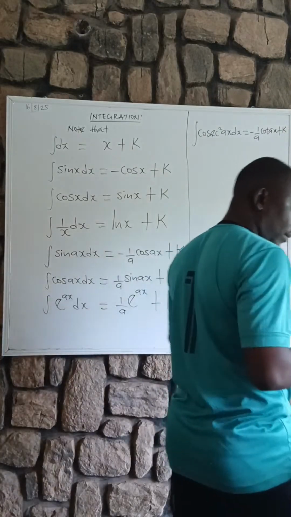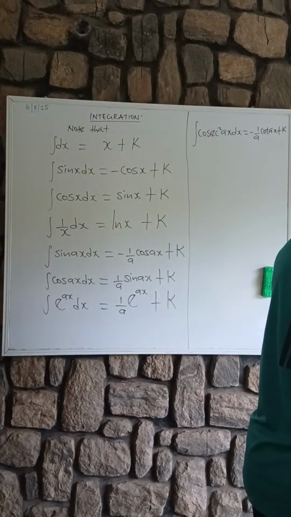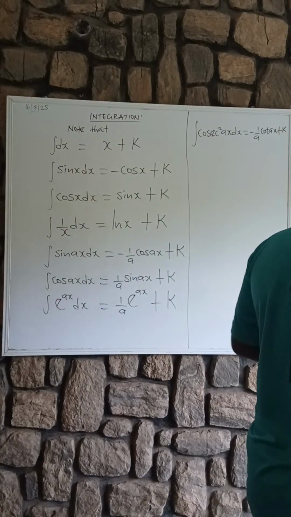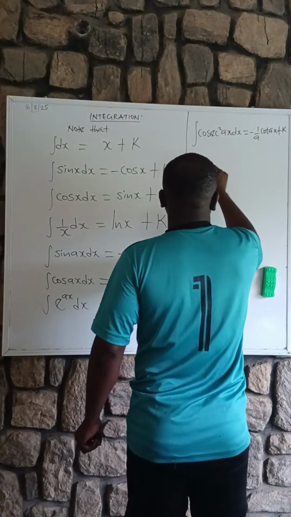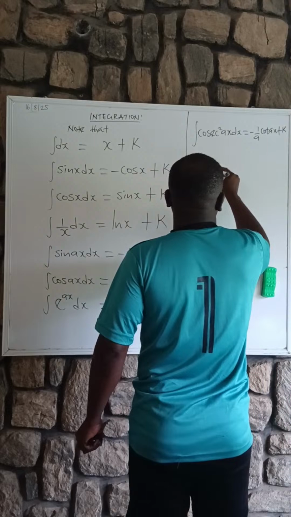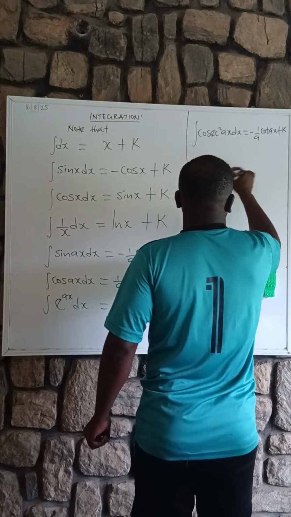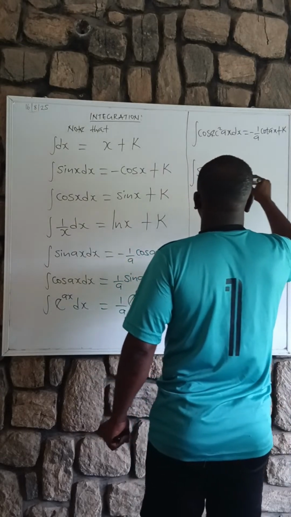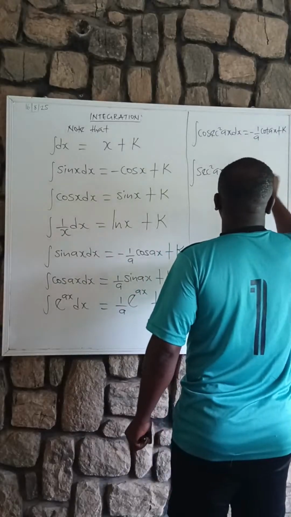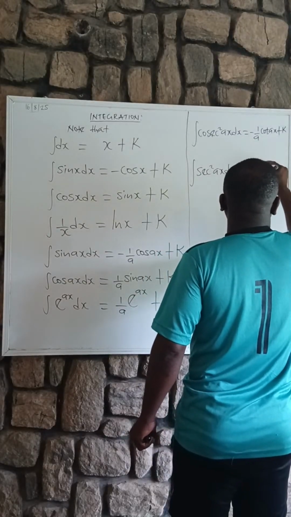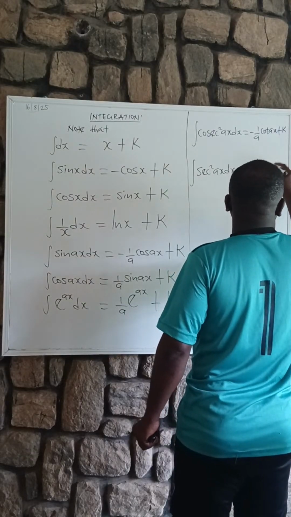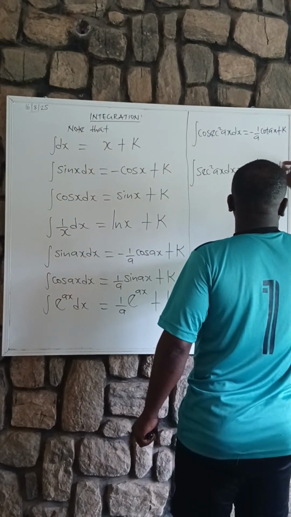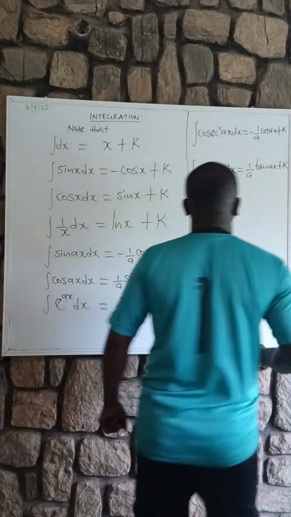Take note. Is that clear? If you are to integrate sec square ax dx, this is equals to 1 all over a tan ax plus k.